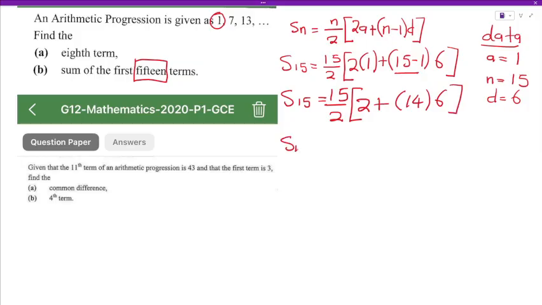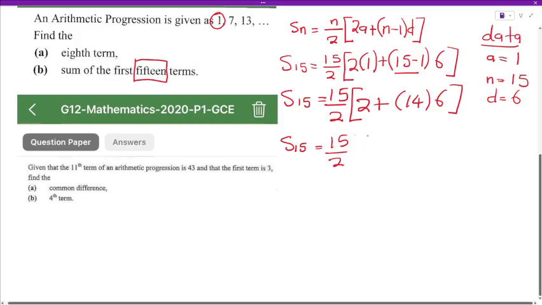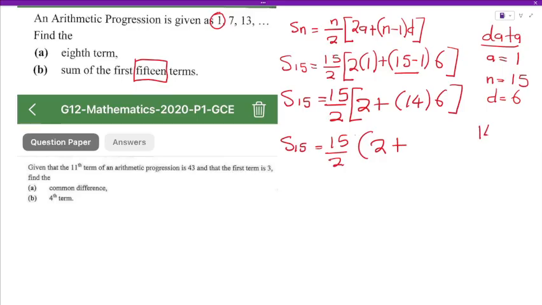So S15 is equal to 15 over 2 open bracket, like that. 2 plus, what is 14 times 6? You solve manually. Don't do it mentally. 6 times 4 is 24. 6 times 1 is 6 plus 2, 84. Okay, so meaning there you have 84.